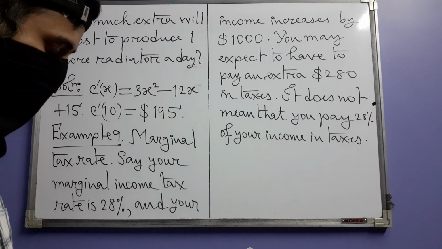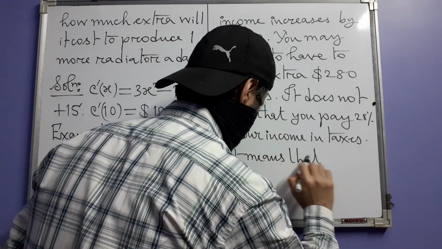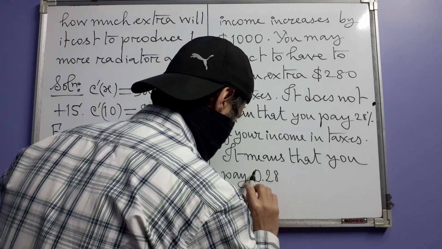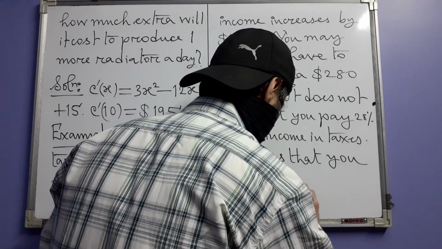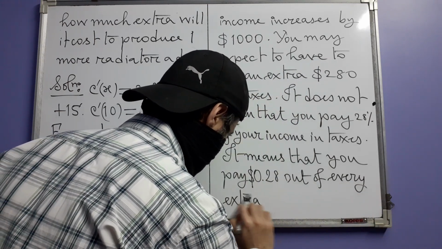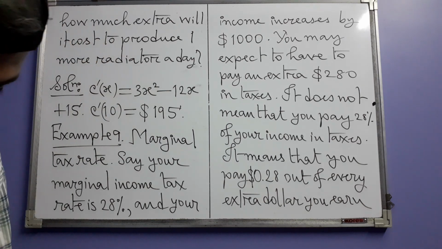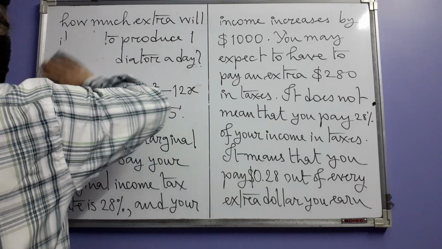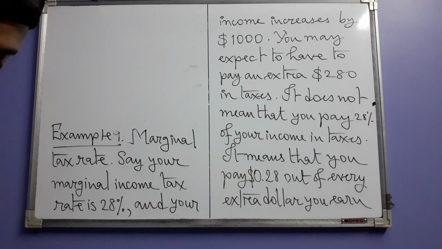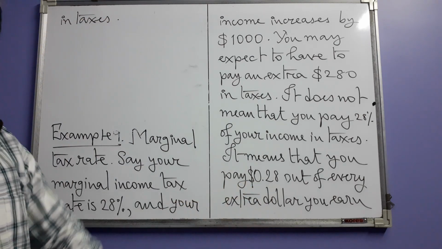It just means that you pay $0.28 out of every extra dollar you earn in taxes. Okay, so that's the situation.